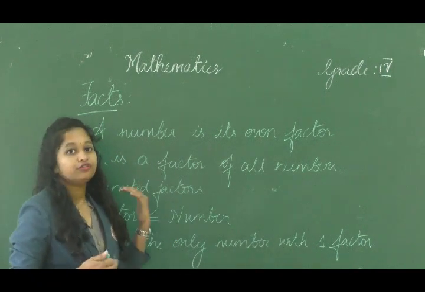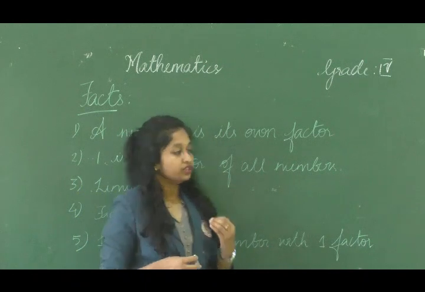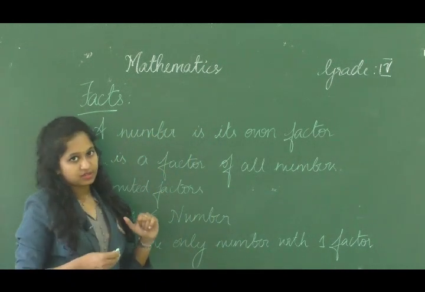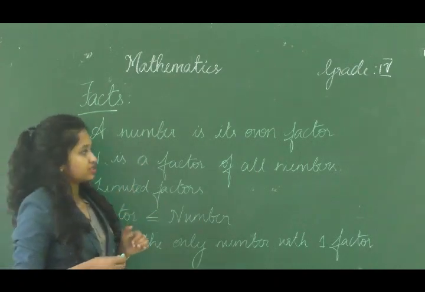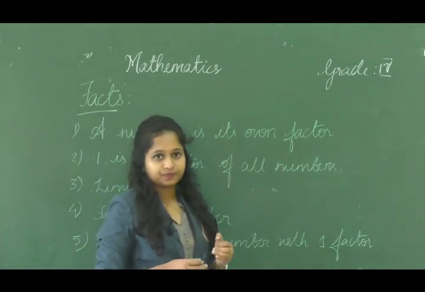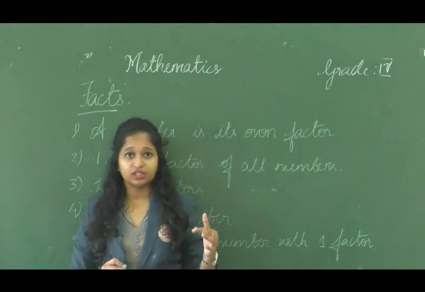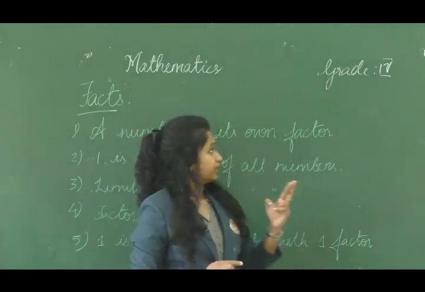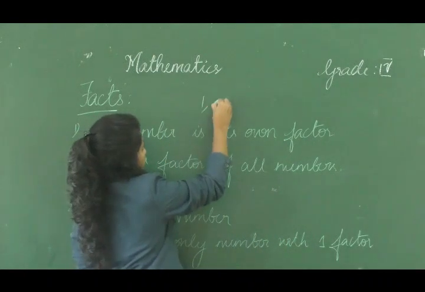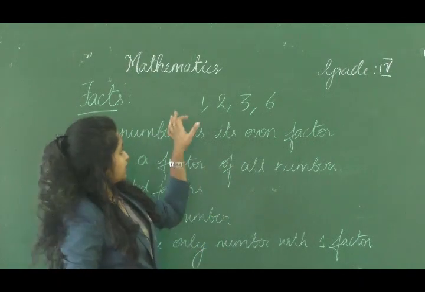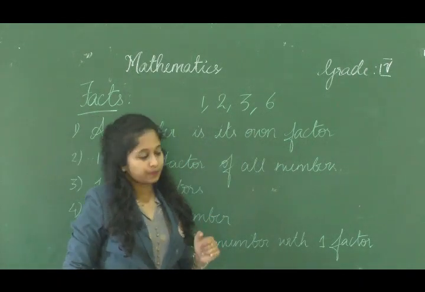Now let's see the facts about the factors. Okay. First fact is a number is its own factor. Okay. A number is its own factor. For example, factors of 6. I'll write it here: 1, 2, 3 and 6. These are the factors of 6.